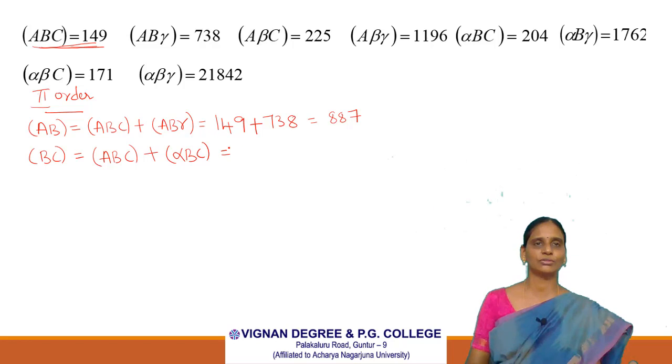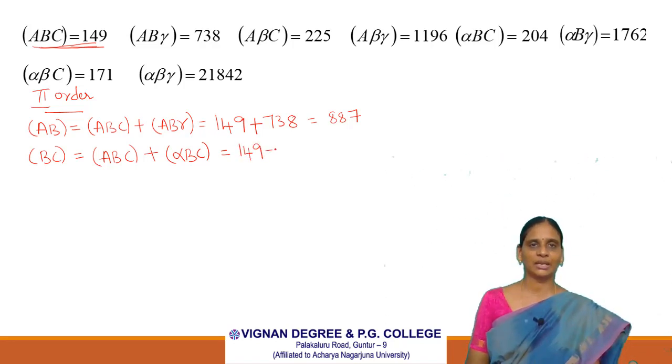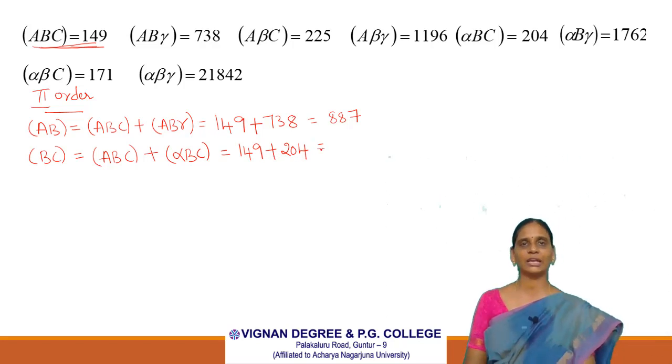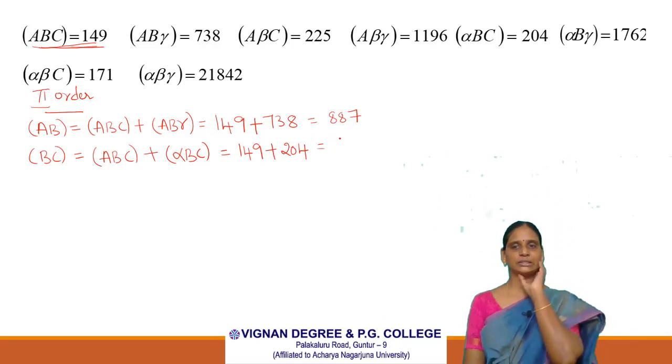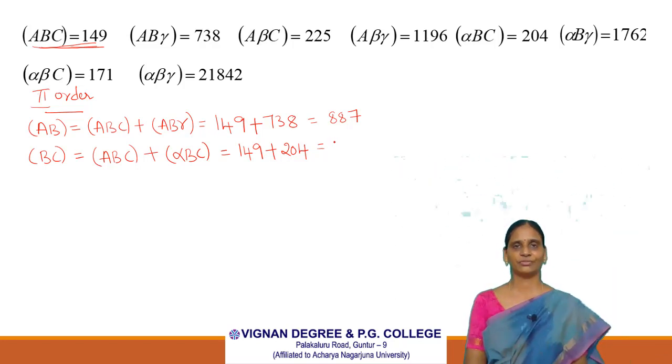This is equal to frequency of ABC value 149 plus frequency of alpha BC value 204. The sum of 149 plus 204 is equal to 353.